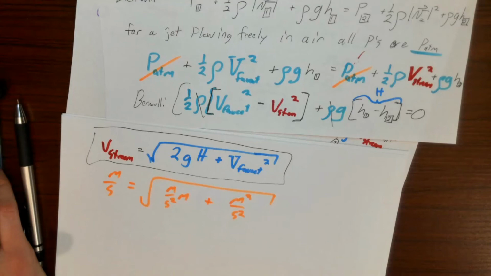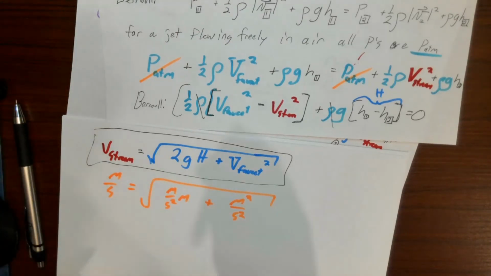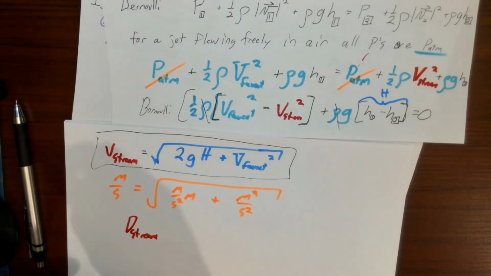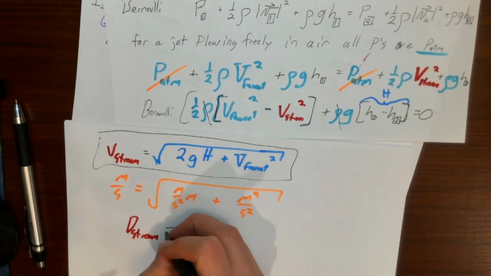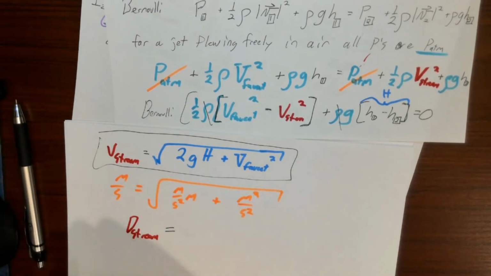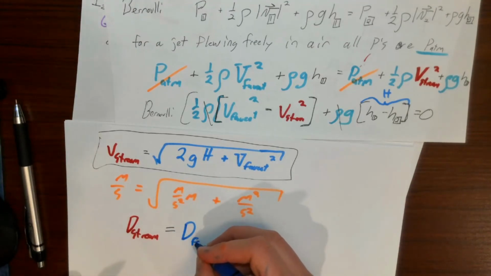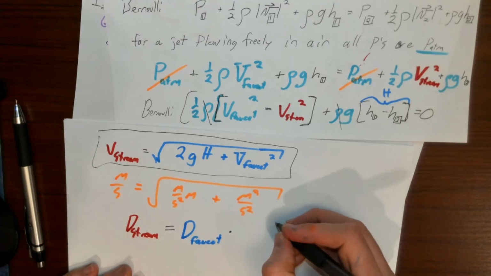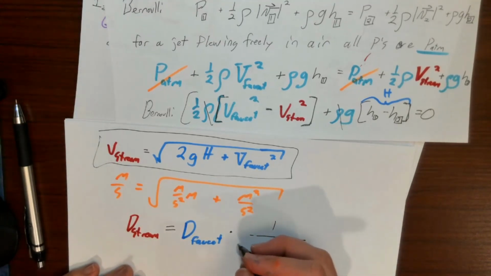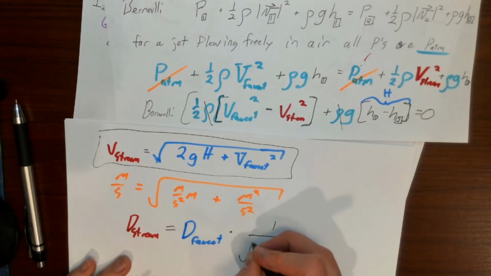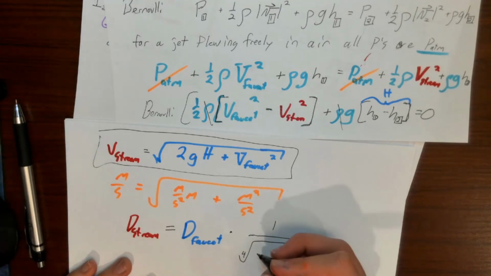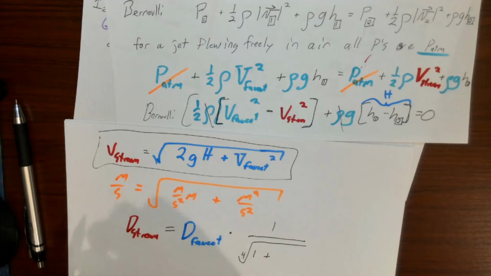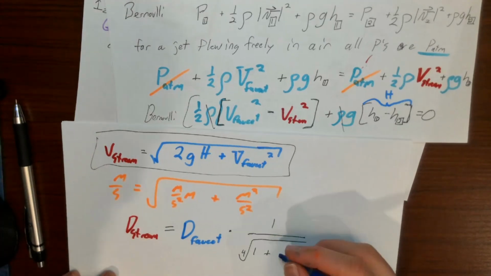I'll spare you the steps of doing it, but you end up with d stream is equal to d faucet times 1 over the 4th root of 1 plus 2gh over v faucet squared.